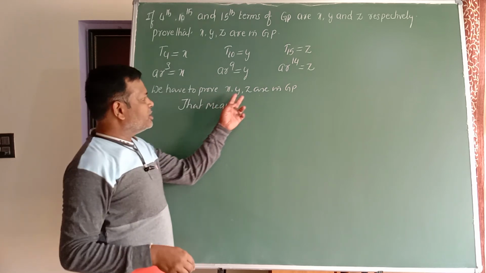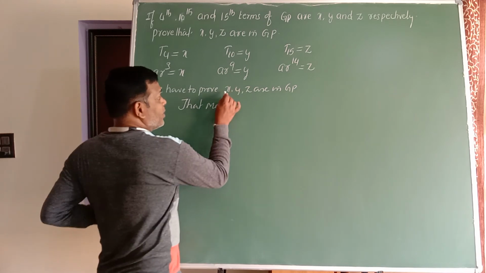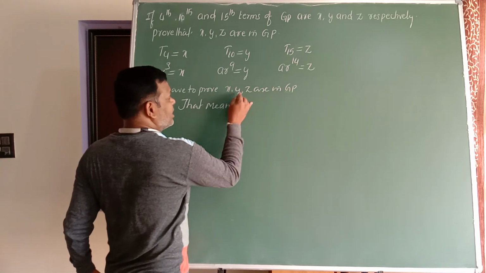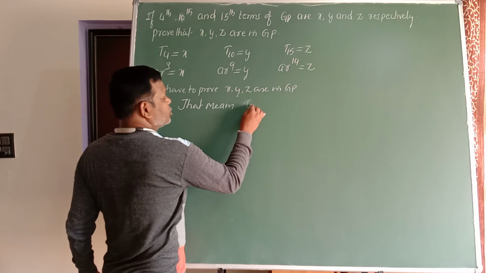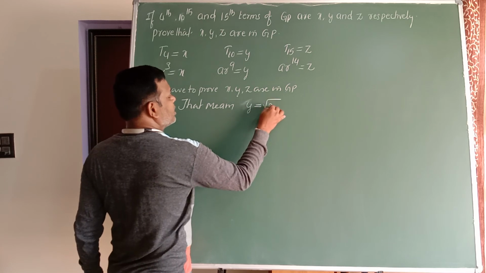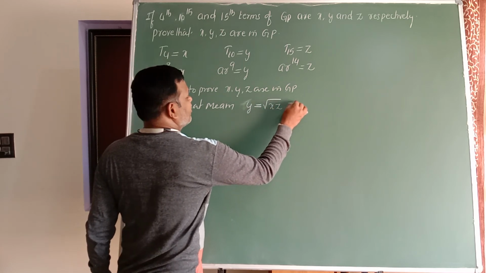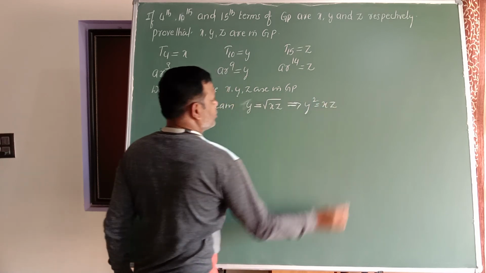When the terms are in GP, they should follow the geometric mean. That means when X, Y, Z are in GP, Y is called the geometric mean between X and Z. The geometric mean is given by the square root of X into Z. That implies we have to prove that Y square is equal to XZ. We have to show that.